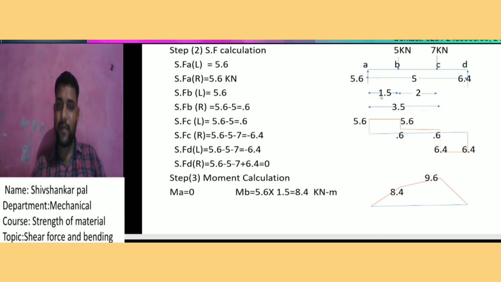So 5.6 multiplied by 1.5 is the moment about point B, MB equal to 8.4 kN-m.